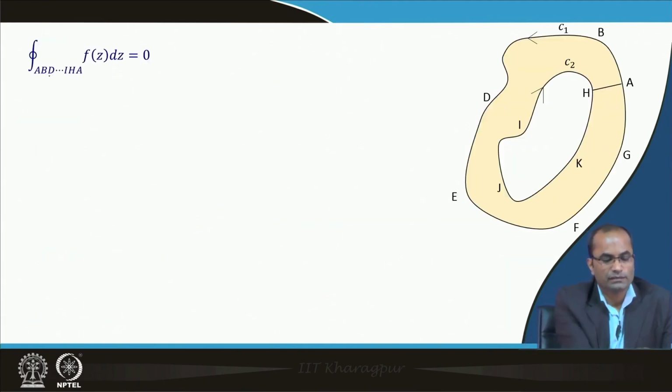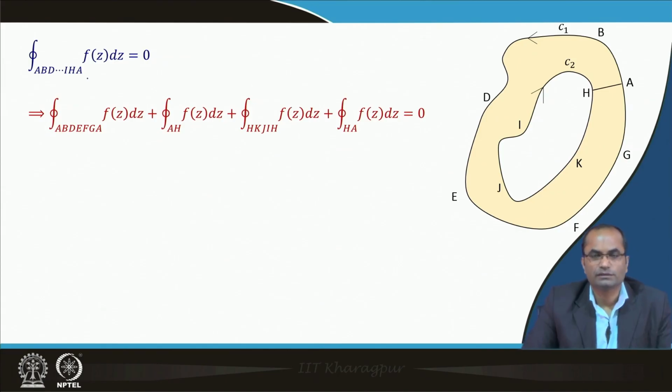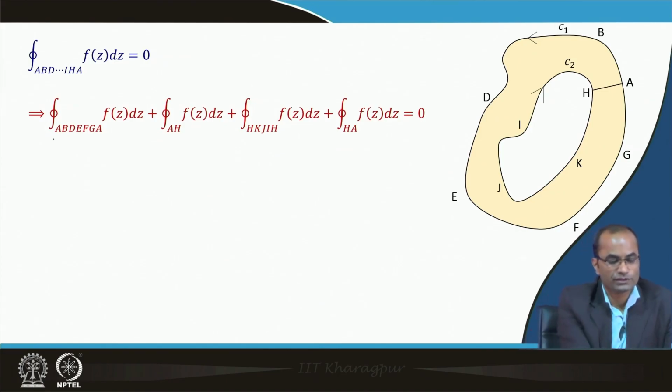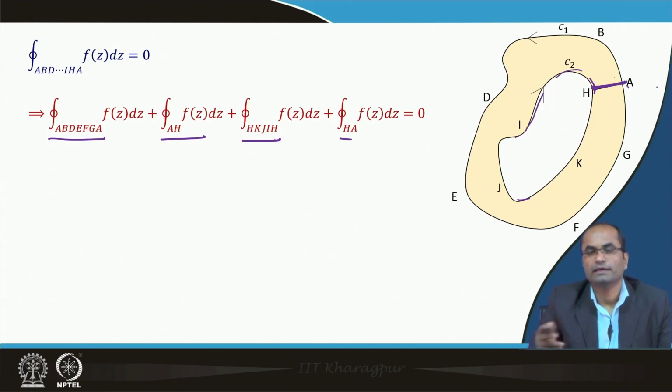So, this closed curve A B up to back to A, which we have constructed here, we can break into the first curve A B to again A. So, A B D F G A. So, the first curve, C1 basically, then the AH, the inner one here, because we get back to H, AH, and then the inner one H K J, and then I, and then again H. So, this closed curve, and then H A again get back to A.